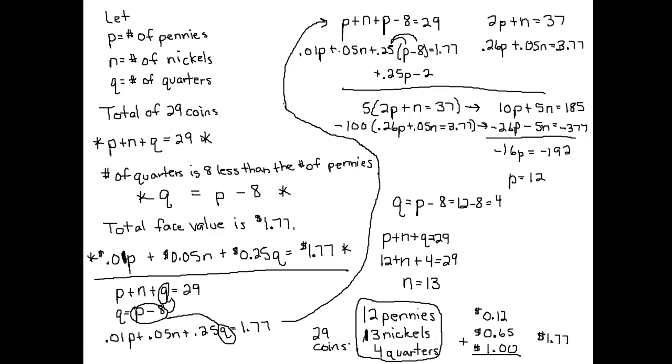So I could check that problem just by going back and making sure everything adds up to the original conditions the problem put forward. The number of coins is 29. Face value for the 3 types of coins is $1.77. So it all worked out. So you can feel confident in that answer and move on to the next problem.